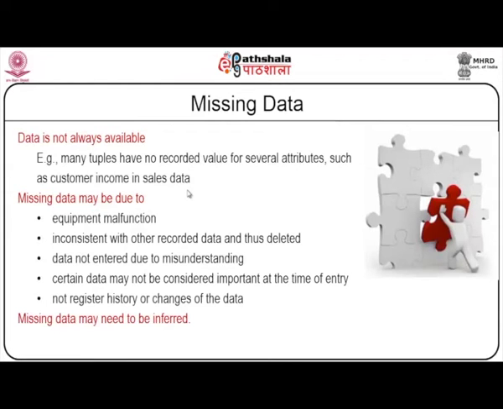In that specific juncture, we can take this customer income into the sales data, which might help in predicting customer behavior. So, people who are earning between say 40,000 and 50,000 are most likely to buy a laptop. That conclusion can be drawn by the sales department only by looking at the customer's income.